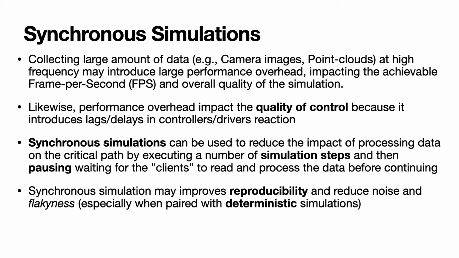To reduce this impact, BeamNG.tech comes with the idea of having synchronous simulations, which are basically simulations that execute in steps. You define the steps, which are the granularity of your simulation. For example, 60 steps for each second, corresponding roughly to 60 frames per second. You can have more or less, and then you can tell the simulator, now you progress the simulation for this number of steps, and then you stop.